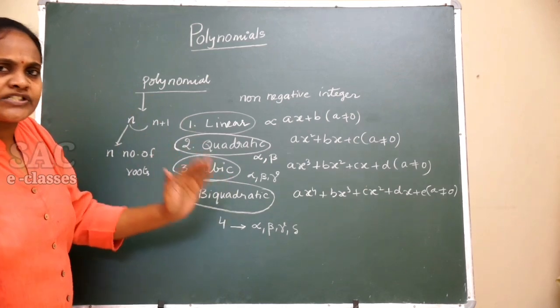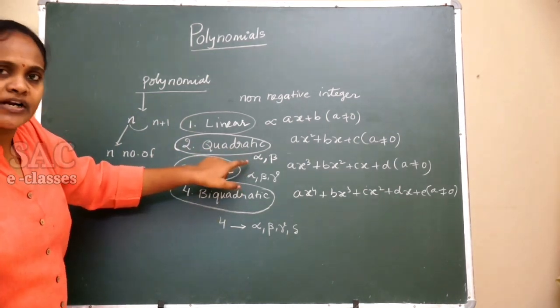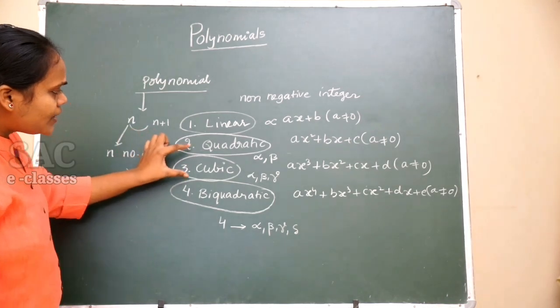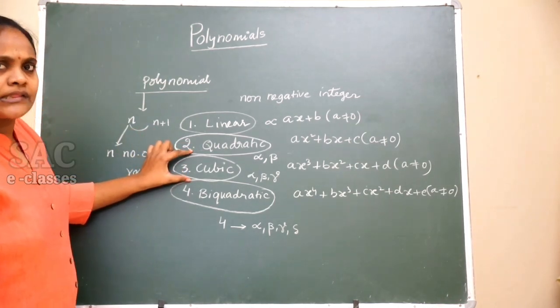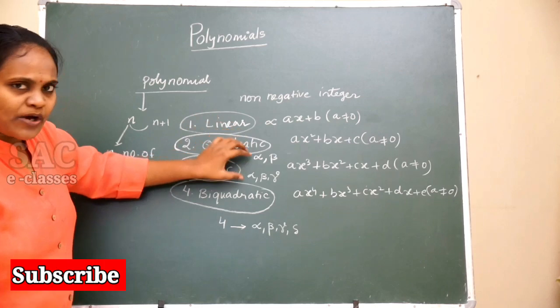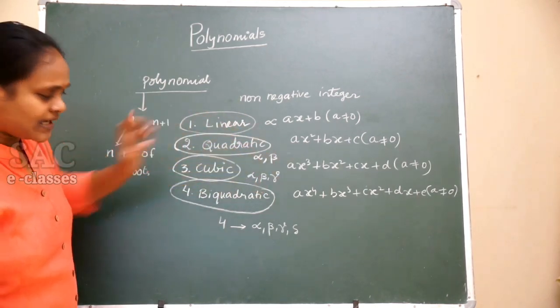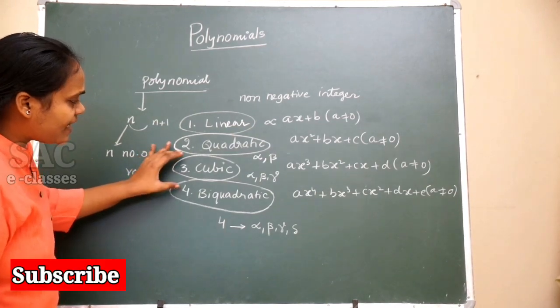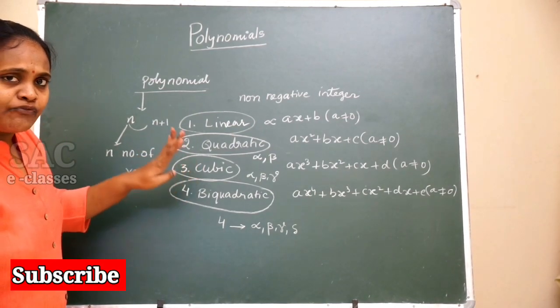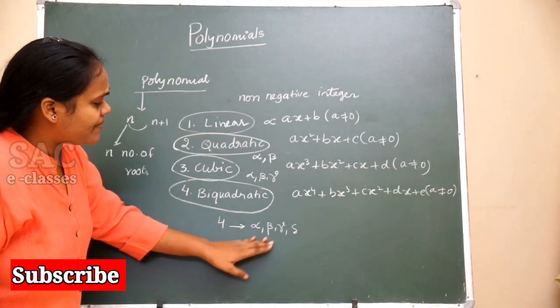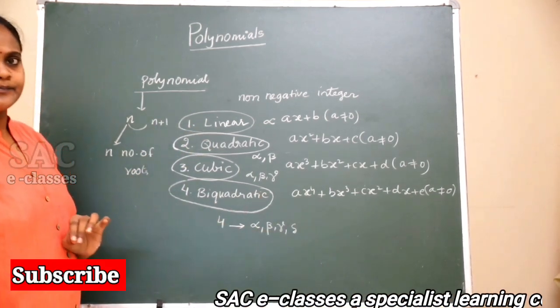Maximum how many roots are possible? 2 roots, alpha and beta. What is the cubic polynomial degree? 3. And how many roots may be possible? Maximum 3 roots: alpha, beta, gamma. What is the degree of a biquadratic polynomial? 4. How many roots may be possible? 4: alpha, beta, gamma and delta.